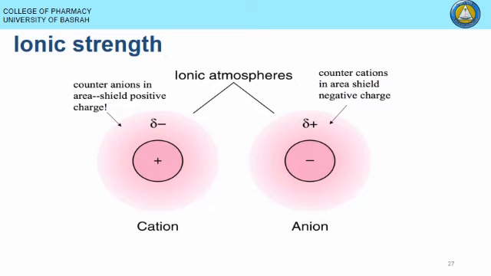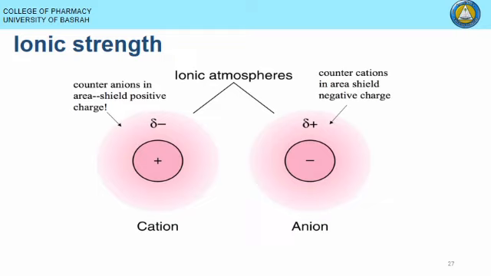Now we're going to talk about the ionic strength. If we take any substance, for example NaCl, and dissolve it in water, what's going to happen? First, the Na, which has a positive charge, is going to separate from the chloride, which has the negative charge. Around the Na, the positive, there would be accumulation of the partially negative part of the H2O, which is the oxygen.